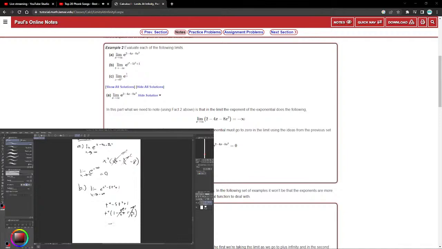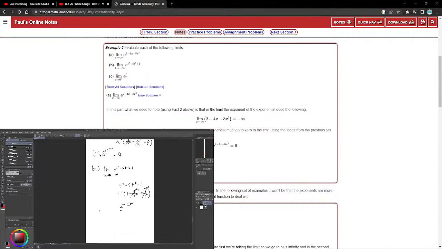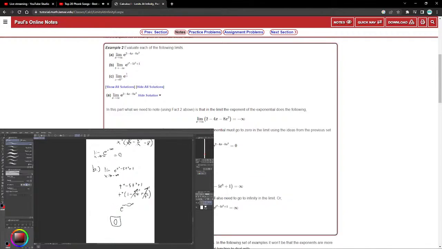So negative infinity. So it's going to be 0 again. Or not.